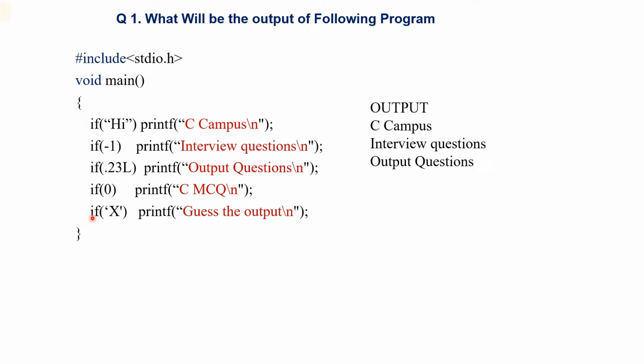Here again there is a single character constant in brackets, which will be equal to the ASCII value of this capital X, a non-zero integer value. So this is also considered true and the next statement after if will be executed. With this printf function, the output will be guess the output. So the complete output for this program will be like this.